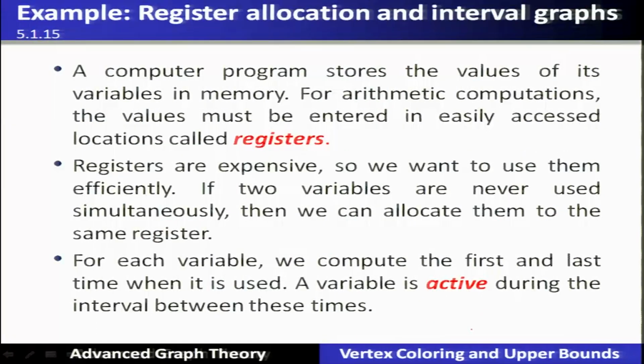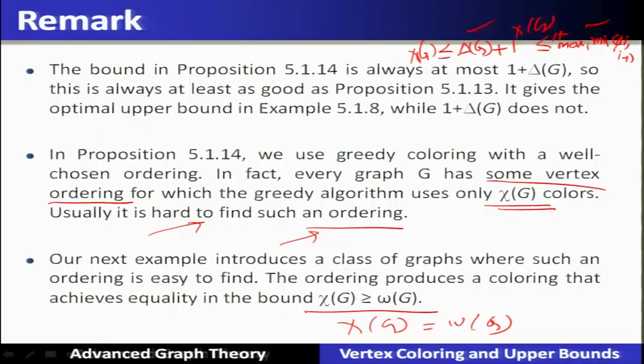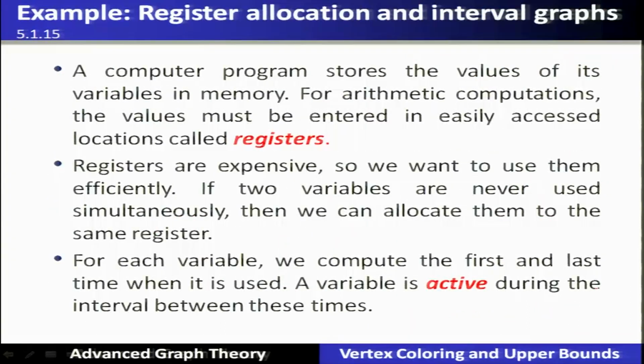This kind of graph or this kind of ordering which we are talking about here, we can obtain using a particular kind of graph which is called an interval graph.